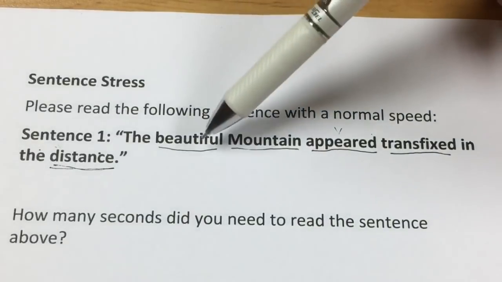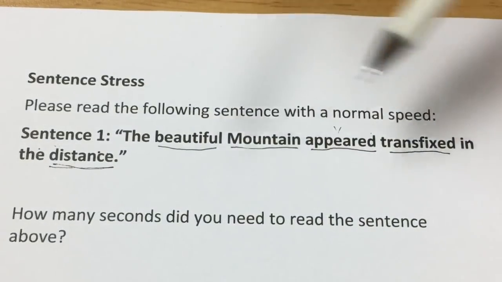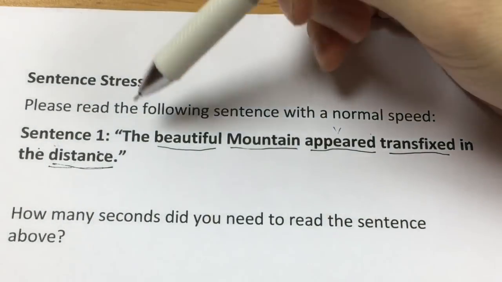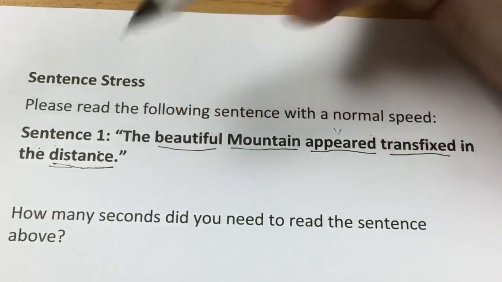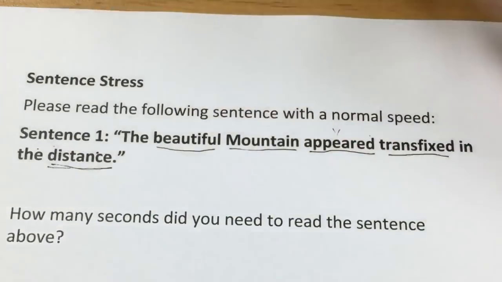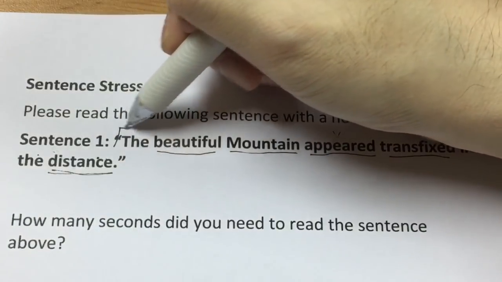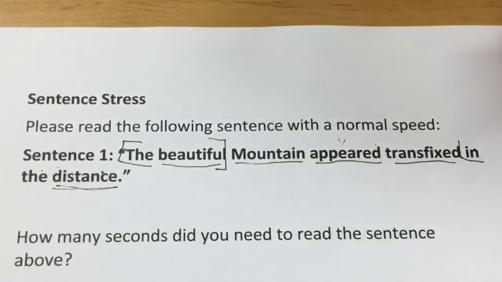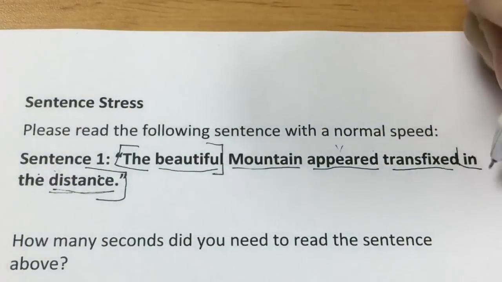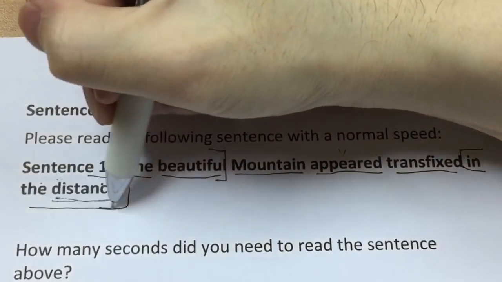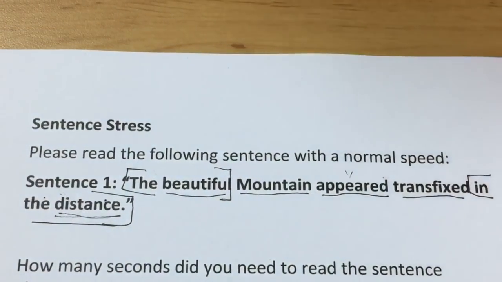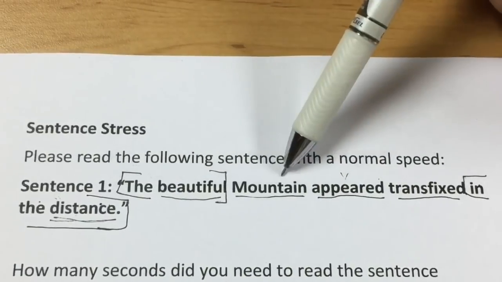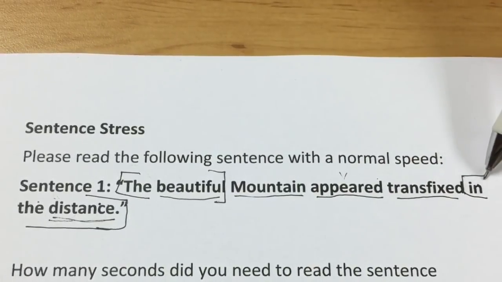So we stress beautiful, mountain, appeared, transfixed, and distance. So what should we do with the words that we don't stress? We combine them to the next word when we read. So when we read this aloud, we read it as: the beautiful mountain appeared transfixed in the distance.